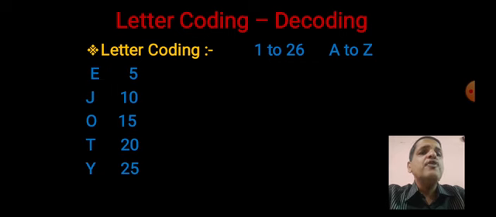Then if you are asked C, what will you do? E is 5, so D is 4, C is 3. If asked G, E is 5, F is 6, G is definitely 7. Slightly time saving.